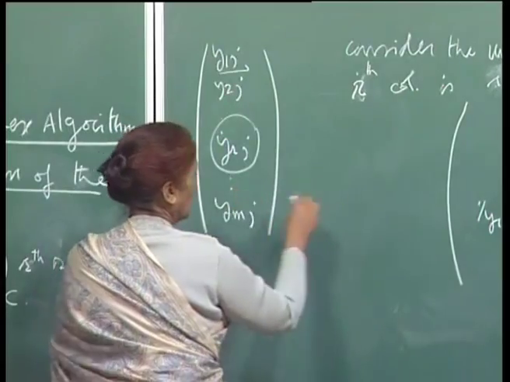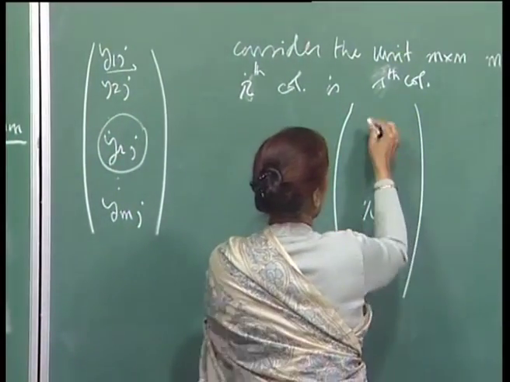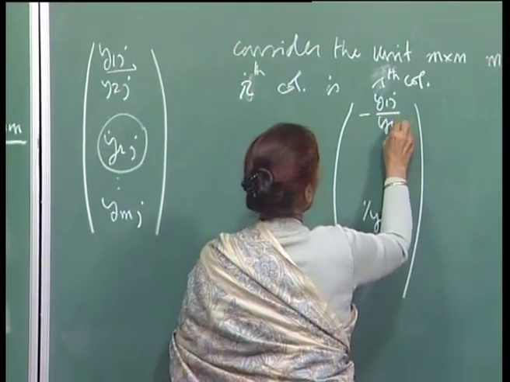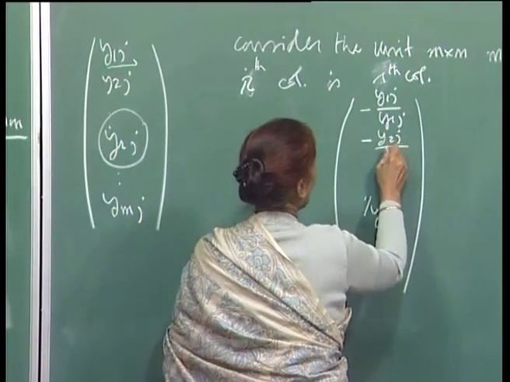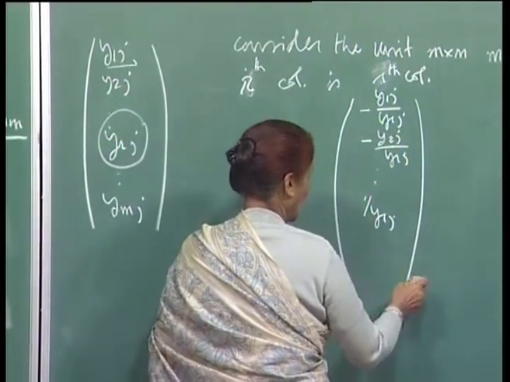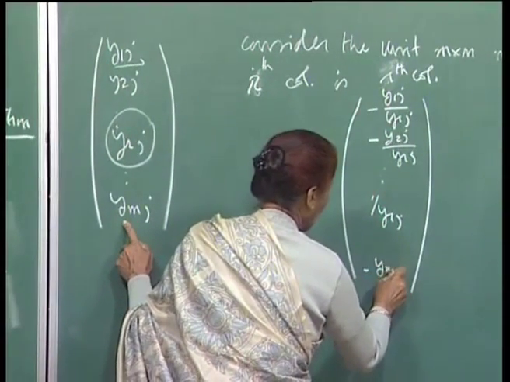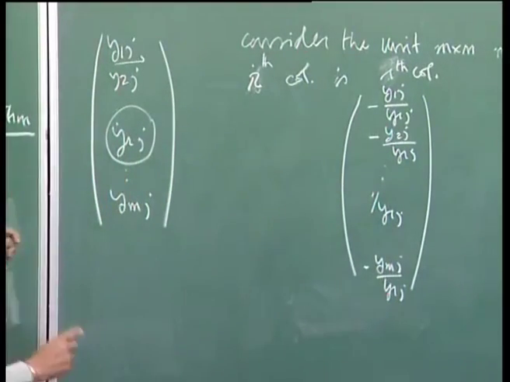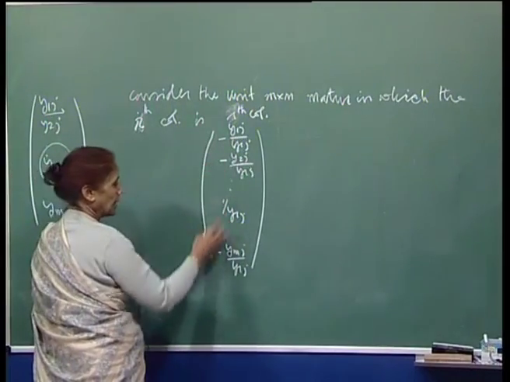So I multiply the rth row by y1j and subtract. So this will be minus y1j upon yrj. Next entry will be y2j upon yrj, and so on. And the last entry here would be minus ymj upon yrj. So the unit matrix in which the rth column has been replaced by this.